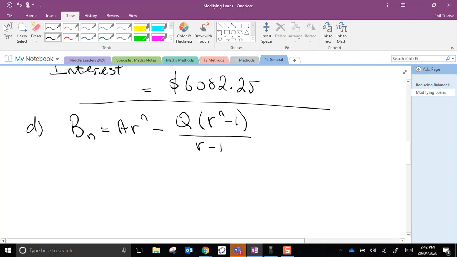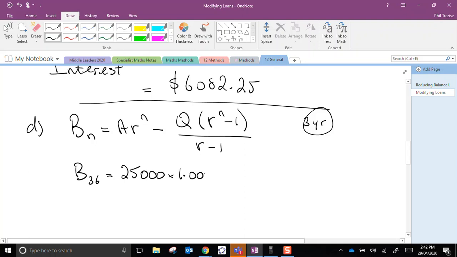Now a lot of these numbers will be numbers we've already seen before, but importantly at this point it's only 3 years that the loan has been running, not the full 7 years. So we are really talking about the balance after 36 payments. Please don't put 3 there. Remember, the number n is the number of payments. Our original principal was $25,000.